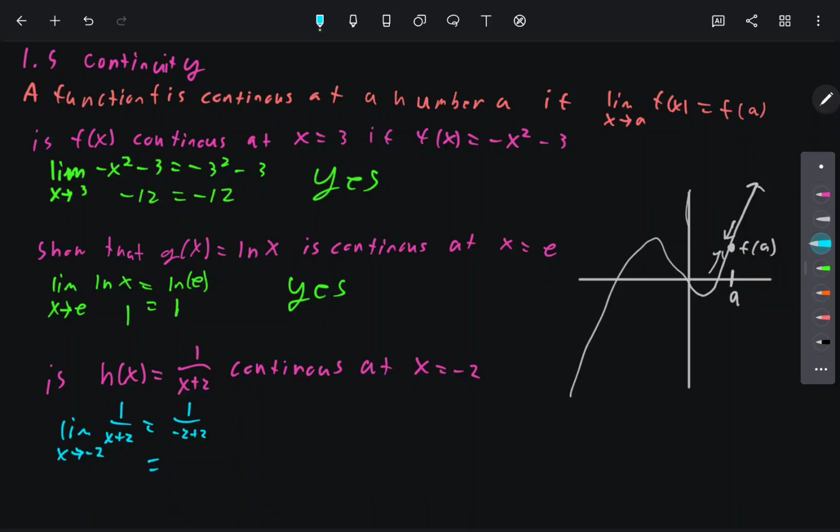So this is like going to infinity. In fact, it's going to plus or minus infinity, or really, it does not exist. Whereas this other half is going to go to plus or minus infinity. So is this continuous? No, it is not.